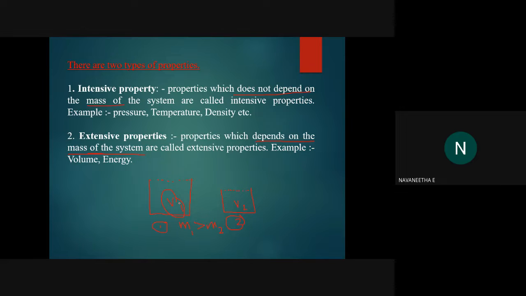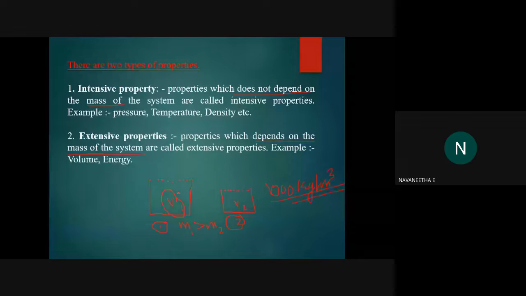Actually, density is a constant thing for any material. Density of water is 1000 kilogram per meter cube. There will be no change in density in these two buckets.